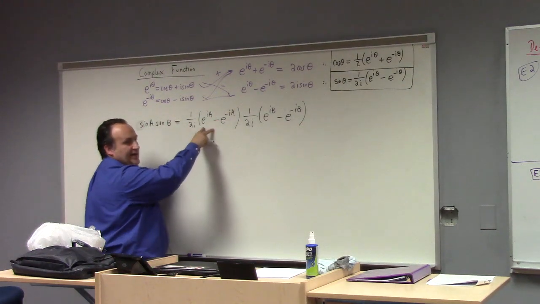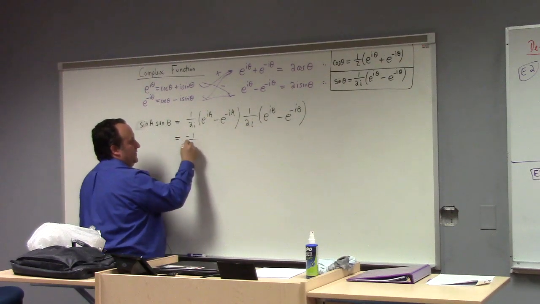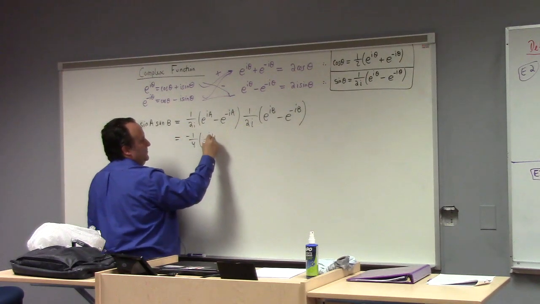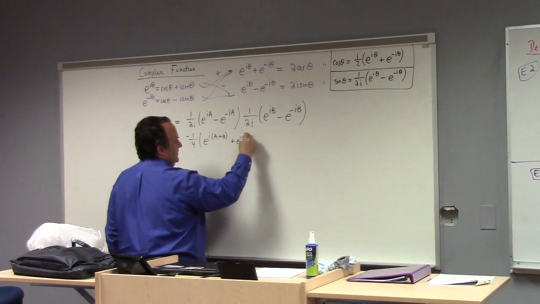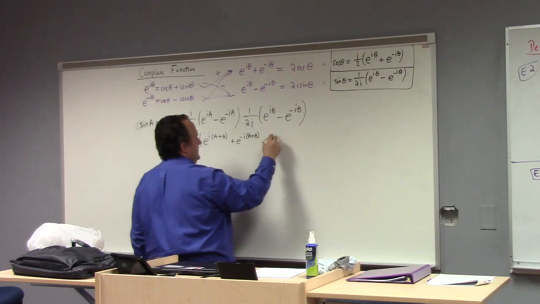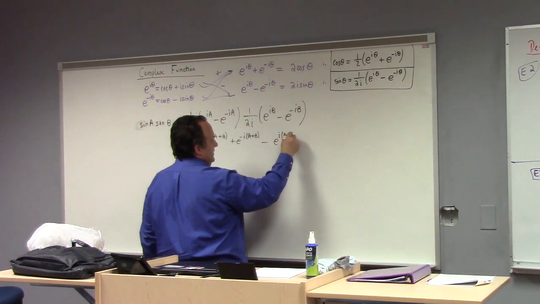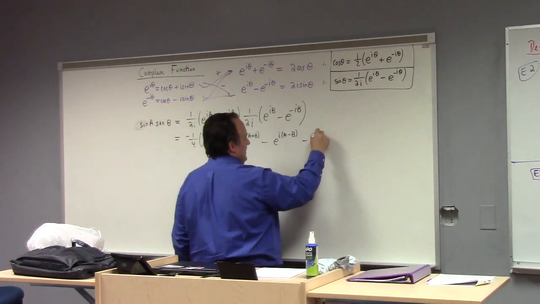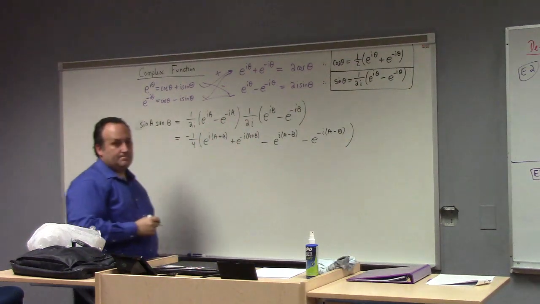That's the sine of A. This is the sine of B. And then this gives me minus 1/4 (e to the i(A plus B) plus e to the minus i(A plus B) minus e to the i(A minus B) minus e to the minus i(A minus B)), using the laws of exponents.